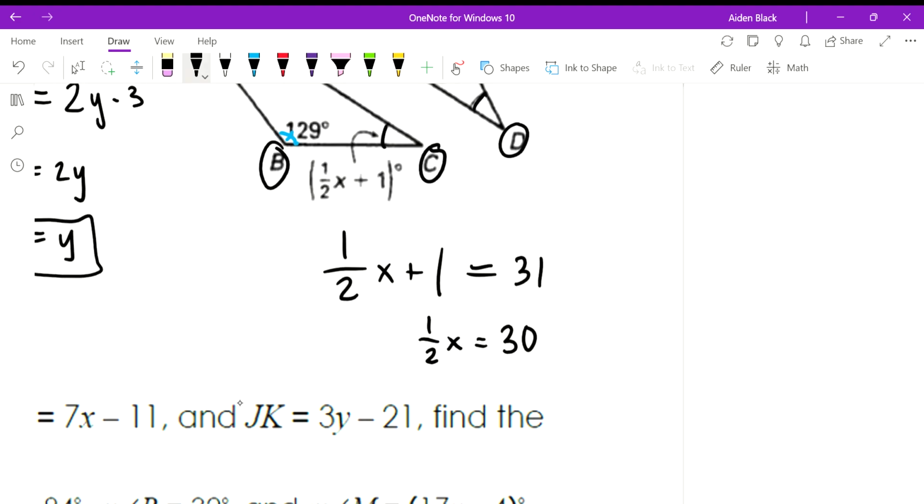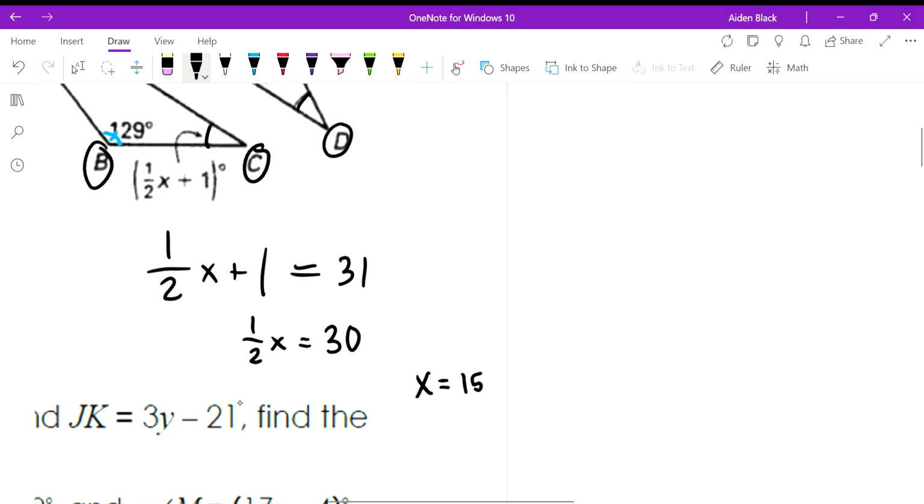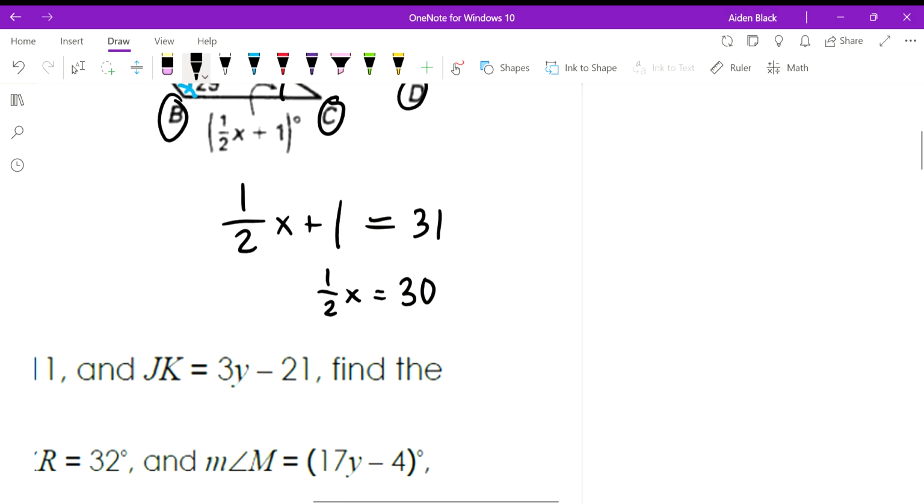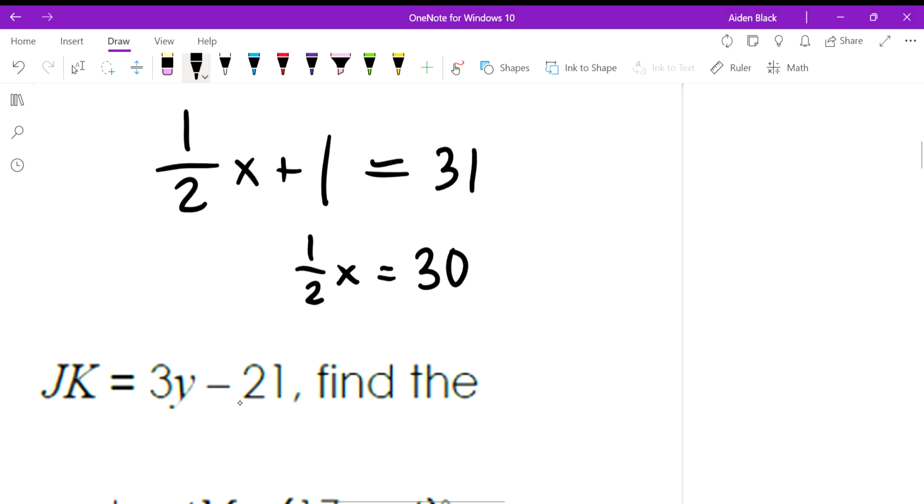And a lot of people were thinking that x equals 15. They just went straight to that. But that doesn't really make sense. That's like saying this statement: 1/2 of 15 equals 30. Is that true? Is 1/2 of 15 equal 30? No, that's not true. 1/2 of 60 equals 30.